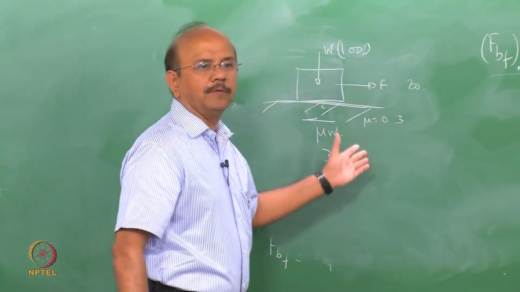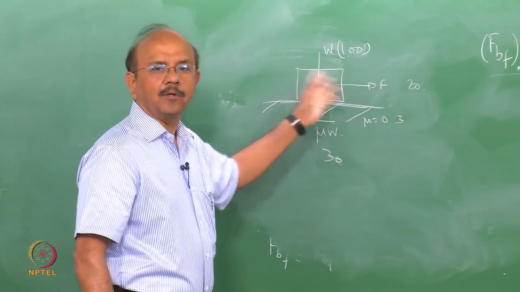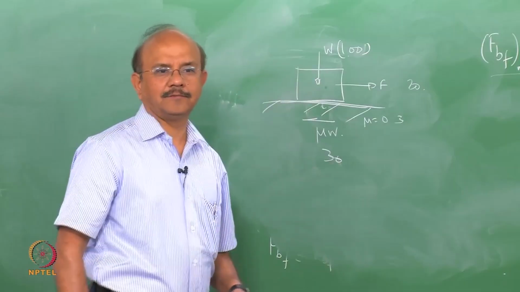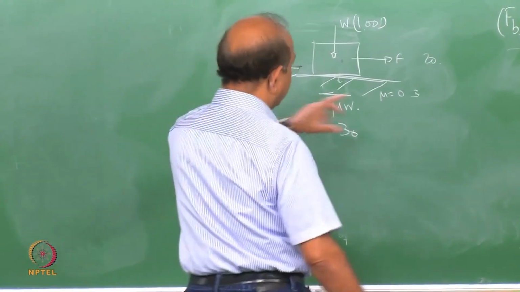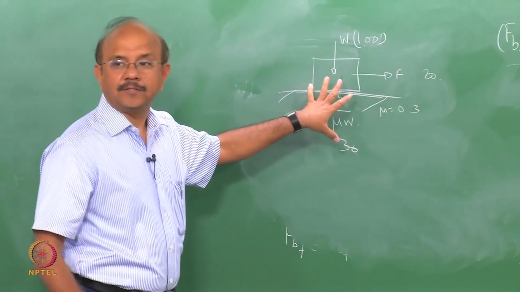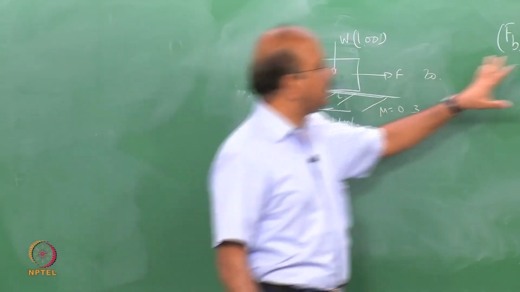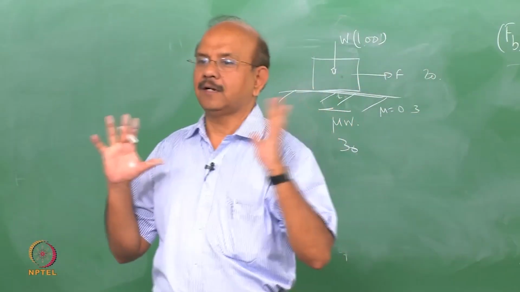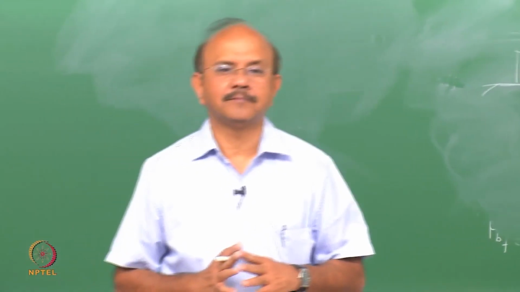The equilibrium would dictate that the block moves in the opposite direction. So you have to be careful in interpreting it, because, as you said, it's an inequality. Whenever I use equality, that's the condition under which we overcome the friction.